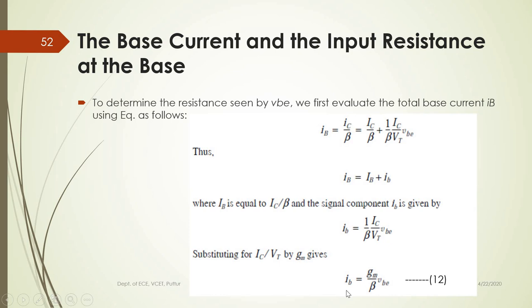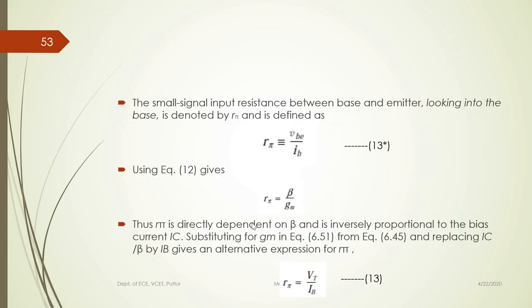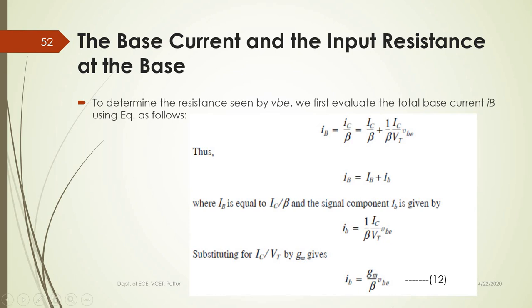So I can write this signal component iB as GM by beta into vBE. Now we have got the expression for the base current iB in terms of transconductance. This is very important: iB is equal to GM by beta into vBE.